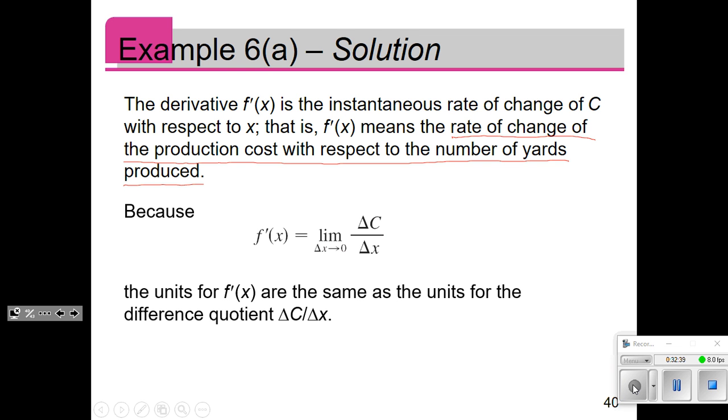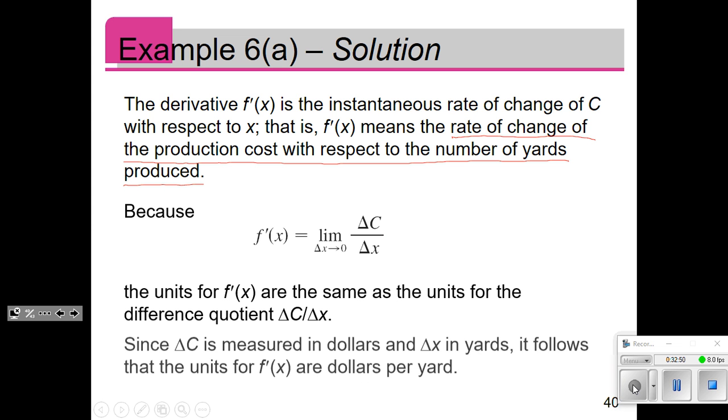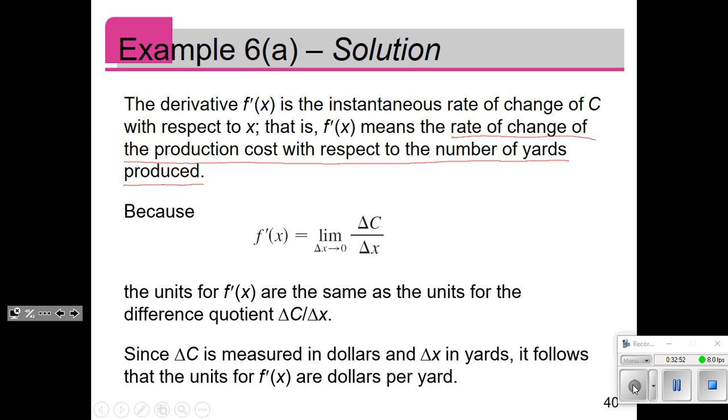The units for F prime of X are the same as the units for the difference quotient, change in cost over change in yards. Since delta C, the change in cost, is measured in dollars, and delta X in yards, it follows that the units for F prime of X are dollars per yard.